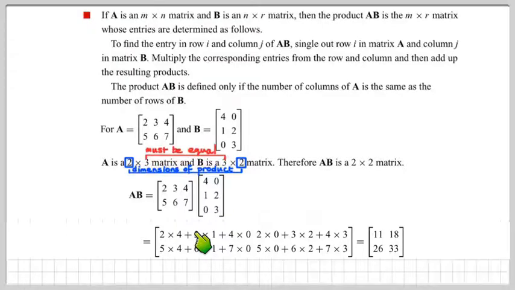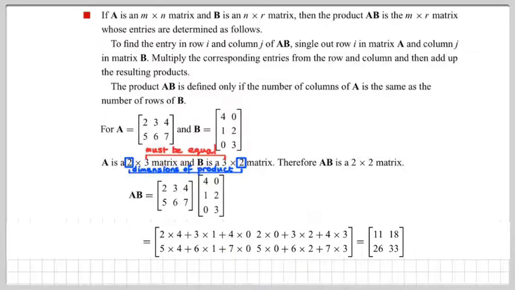Do you see that? Now, if we were going to multiply row 2 by column 1, it would be 5 times 4 plus 6 times 1 plus 7 times 0. That would get you the entry at row 2, column 1 in the new matrix. You see? That's how you do that. Do you get that? And then you just simplify here.